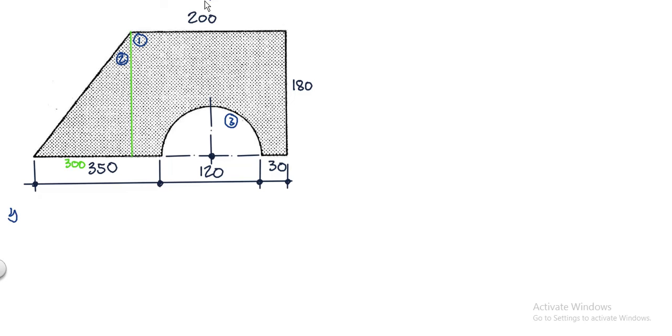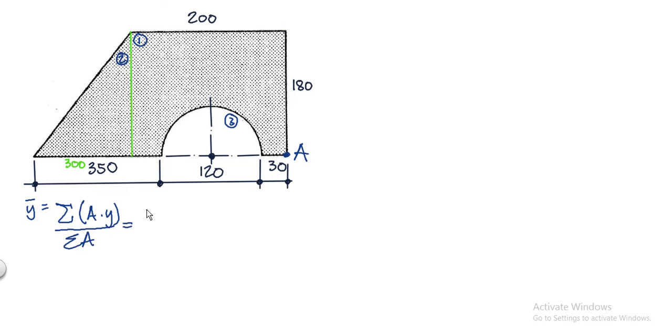Let's choose a point A over here. Taking moments, bar y is equal to the sum of the area times y over the total area.